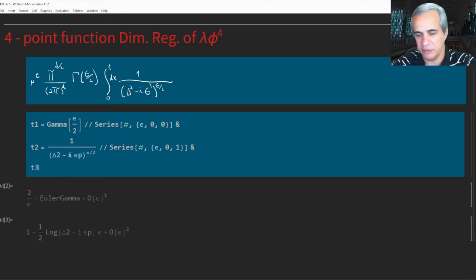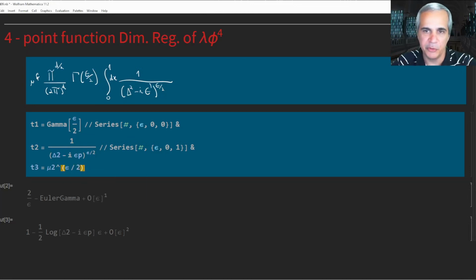So let's call this term 3, let's say, this mu here, right? I'll write mu as mu 2, which is mu square, to the power epsilon over 2, right? I did nothing.